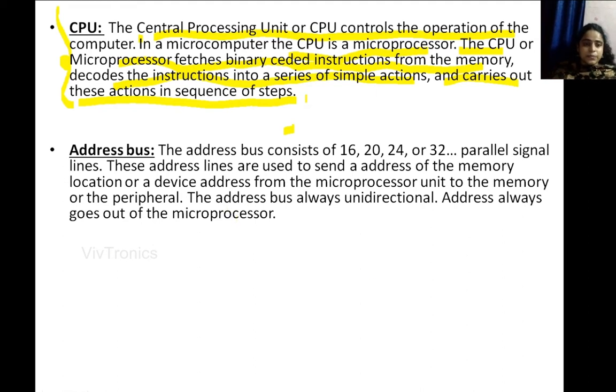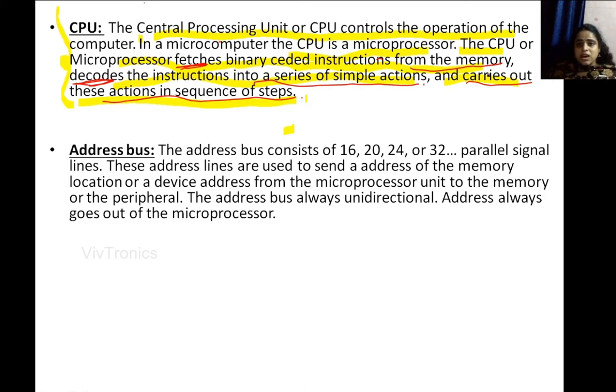You can see there it fetches binary coded instructions. So the first operation is fetching, from memory. The next step is decoding: it decodes the instruction into a series of simple actions, deciding which operation has to be performed next, and then carries out these actions in a sequence of steps.